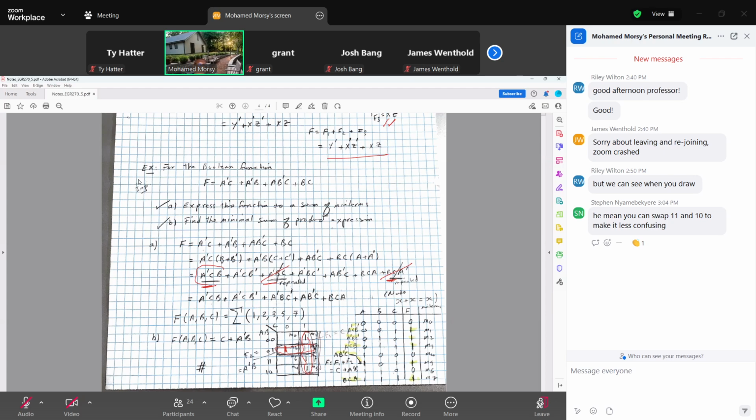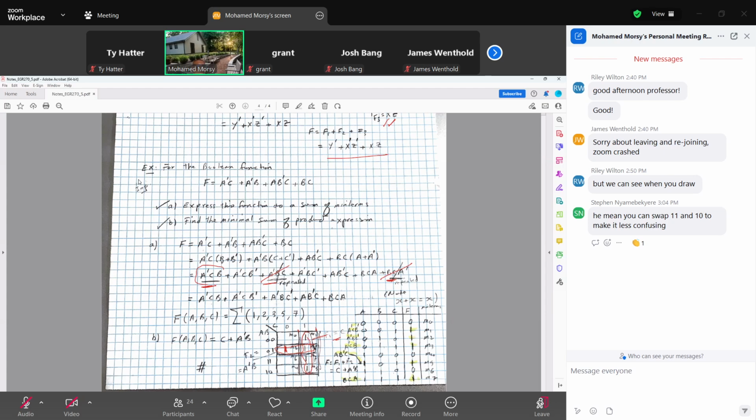The first group is this, like F1. We look at the A and B variables. They have different values, so we skip them. Within this group, we look at C. C is 1, so we take C. So F1 equals C. Then we look at the other group, F2.